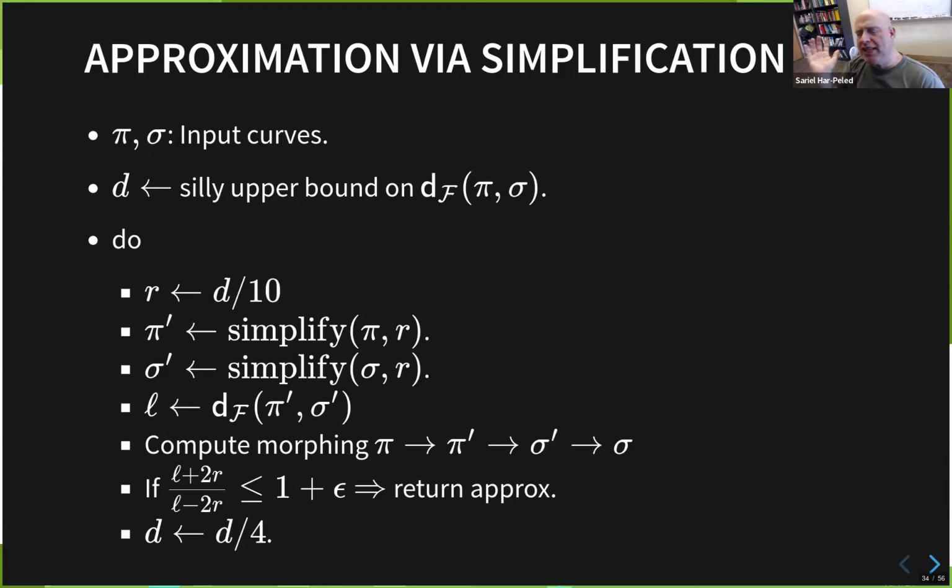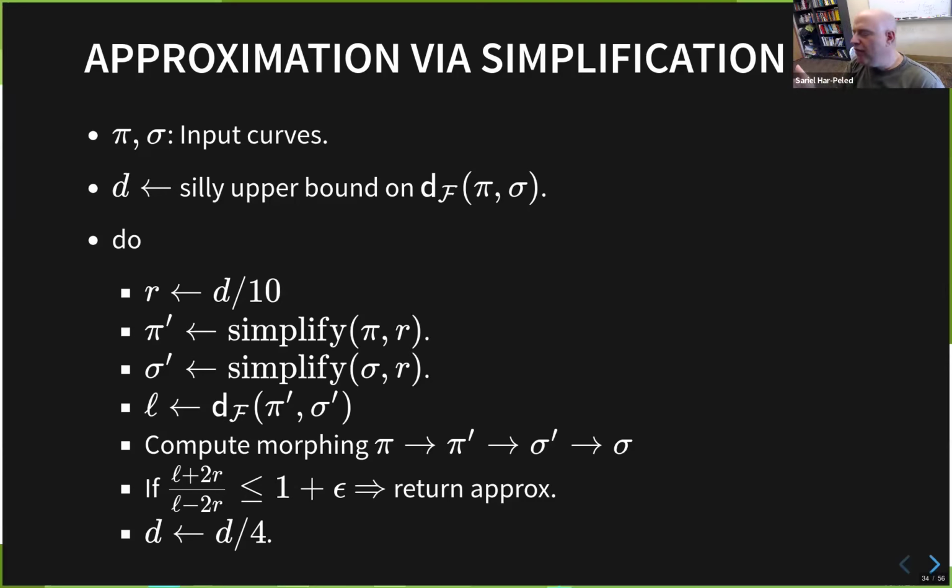You start with some silly upper bound on the Fréchet distance between the curves, and then you have this radius r, which would be your simplification radius. You simplify the two curves within this error parameter. This gives you two simplified curves. And then you compute the Fréchet distance between those two simplified curves.